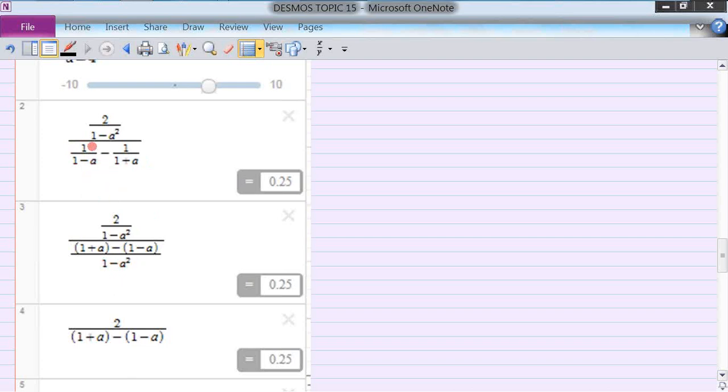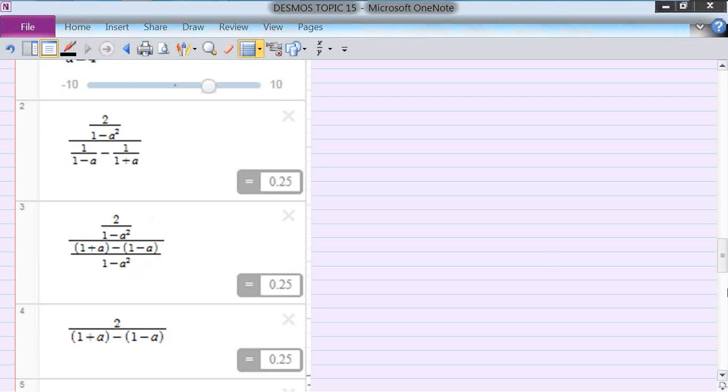And of course I'll have 1 plus a up here and 1 minus a here, because what we're doing is we're dividing this into that, and we're left with 1 plus a, which we're going to multiply the numerator here by.